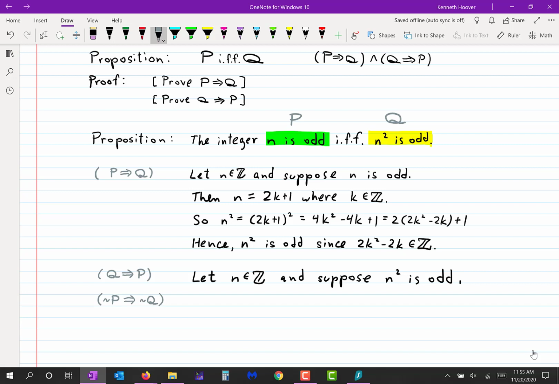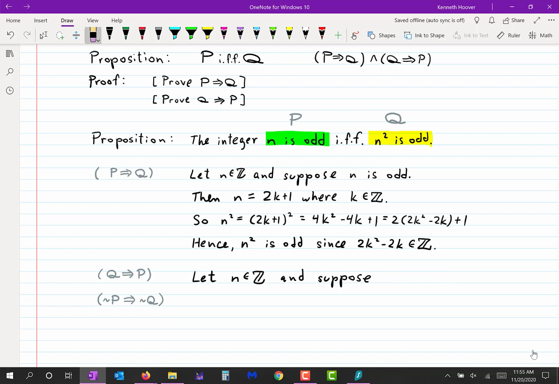So I'm going to try a different direction, a different tactic. I'm going to try doing this proof by contraposition. I'm trying to prove Q implies P, so I'm going to suppose the negation of P and try to derive the negation of Q. Okay, so let's try it that way.